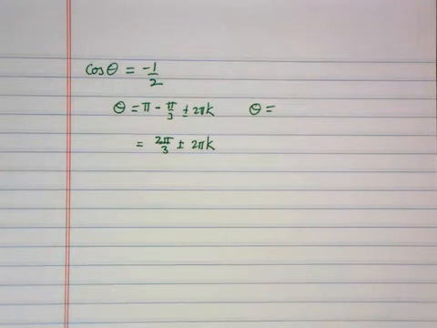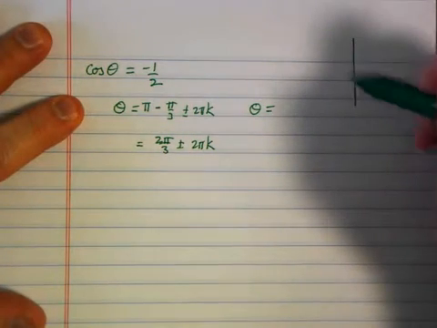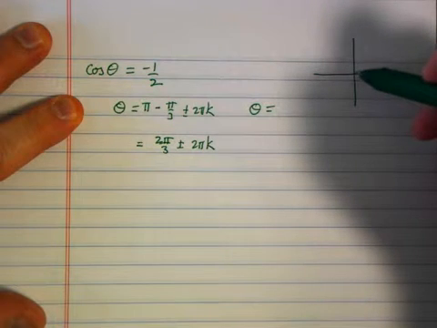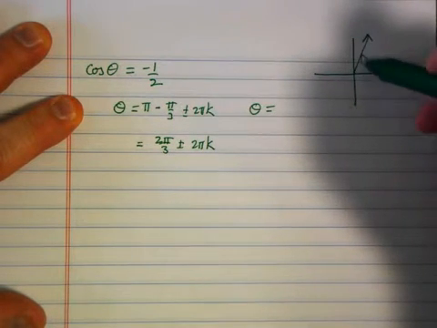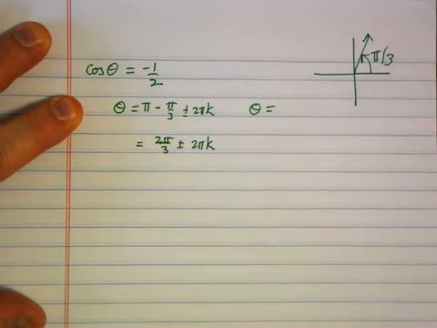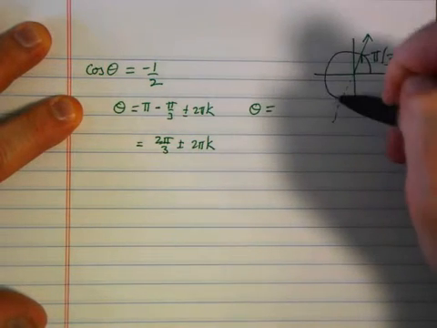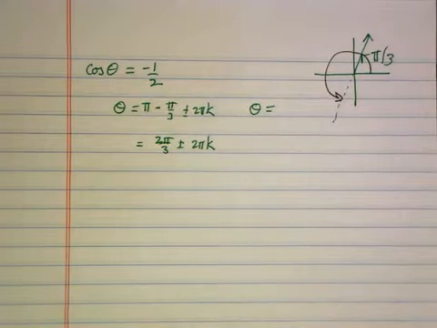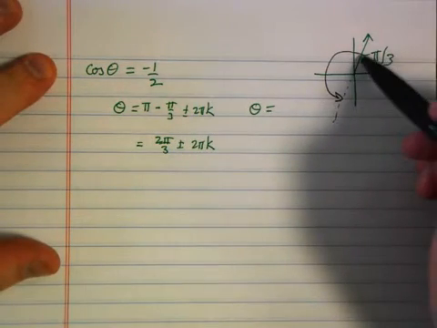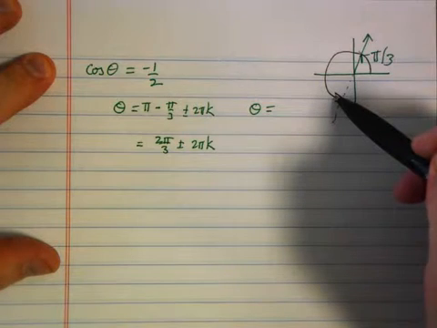And then how do you get to quadrant 3? Think of a picture. You just add pi. Here's my angle pi over 3. How do I get this angle down here in quadrant 3? Well, it's half of a revolution more, isn't it?